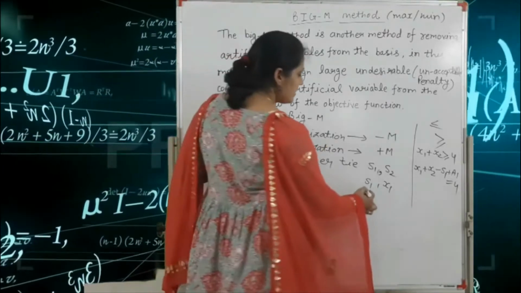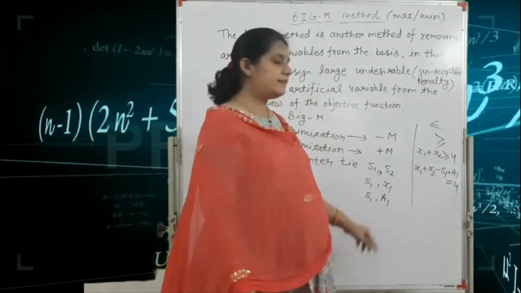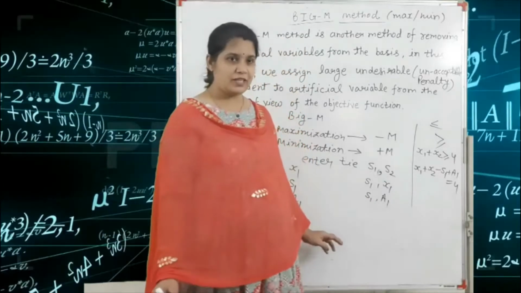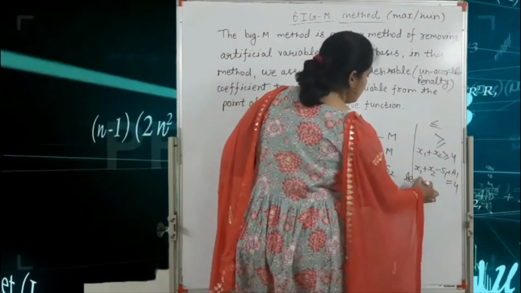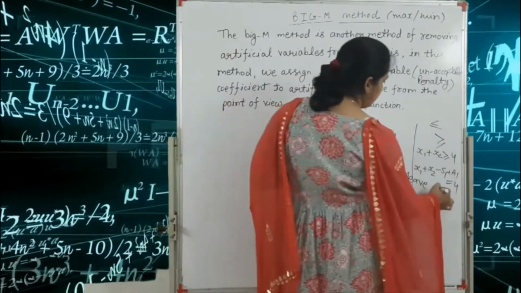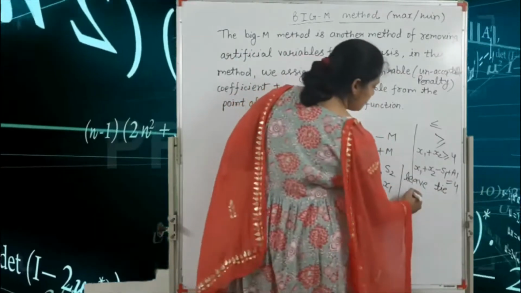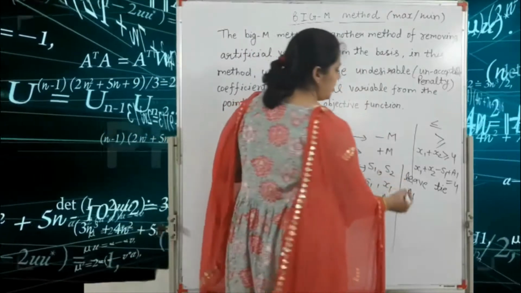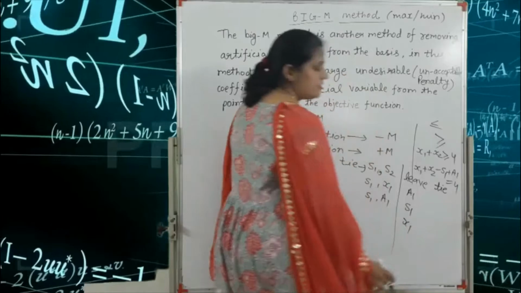For example, if there is a tie between a basic variable and the artificial variable, you enter the basic variable. Next one is the leaving variable. For finding the leaving variable, if there is a tie, the sequence is: first you prefer the artificial variable, after that the basic variable, and after that the decision variable.